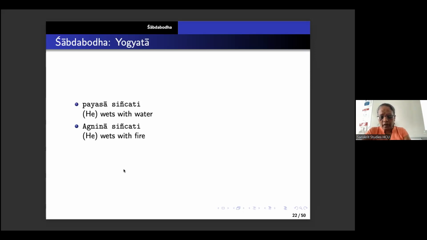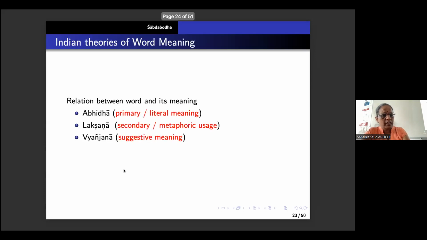So Indians have discussed various kinds of meanings, and they say that there are 3 different types of meanings a word can denote. Of course, there are differences of opinion among various schools. Grammarians will not accept all the 3, but the logicians accept all the 3. Grammarians will accept only the primary and the suggestive meaning.